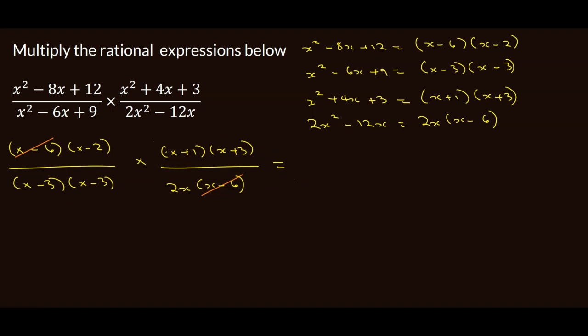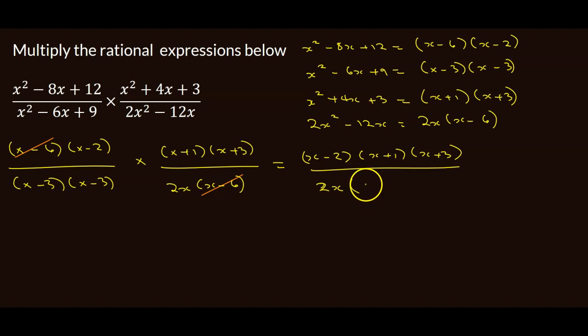So since we do not have anything in common any longer, we're going to write this as x minus 2 multiplied by x plus 1 multiplied by x plus 3 divided by, I'm going to put 2x first because it stands by itself.